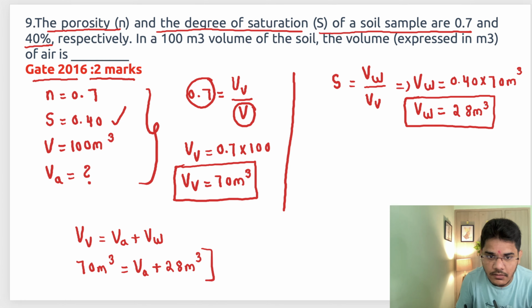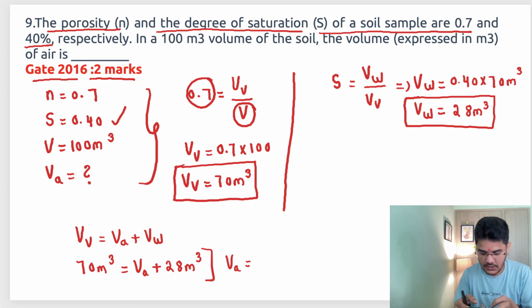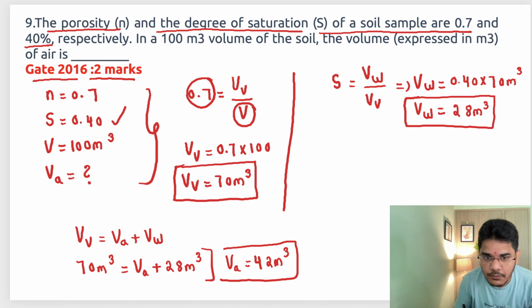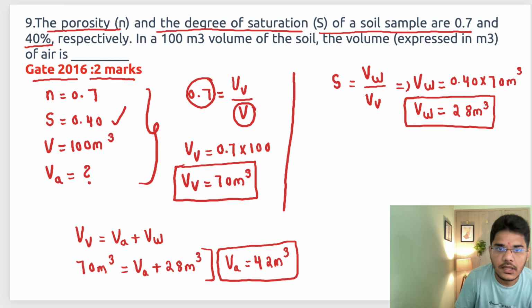From here volume of air is equal to 70 minus 28, that is 42 meter cube. So here volume of air is equal to 42 meter cube.